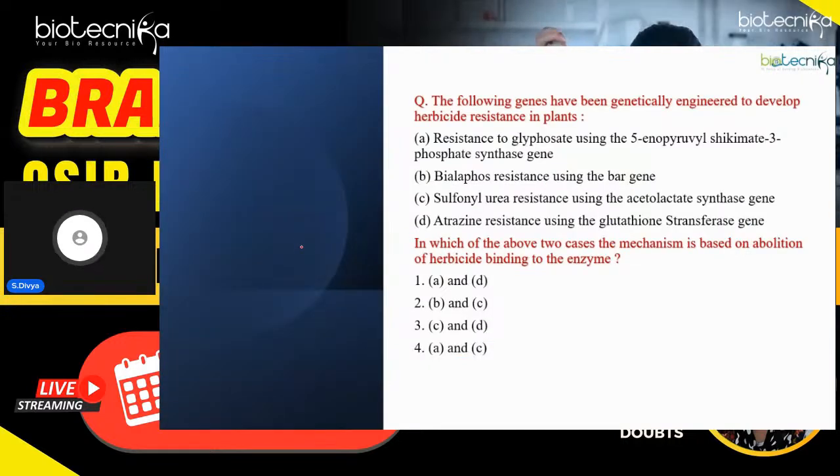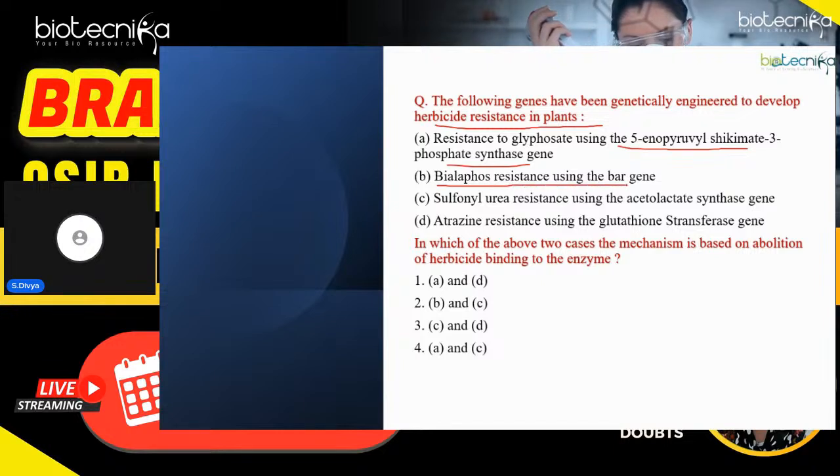Moving on to our next question. The following genes have been genetically engineered to develop herbicide resistance in plants. Resistance to glyphosate using the 5-EPSP, that is 5-enolpyruvylshikimate-3-phosphate synthase gene. Bialaphos resistance using the BAR gene.